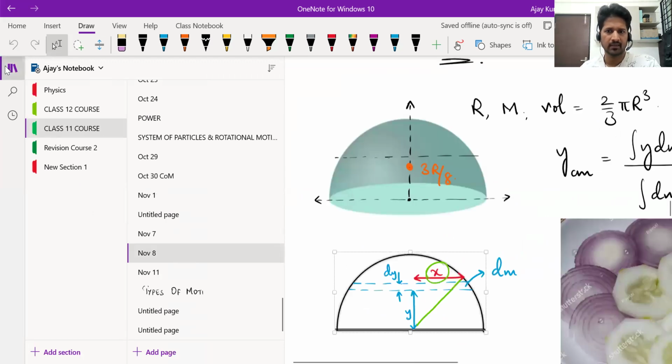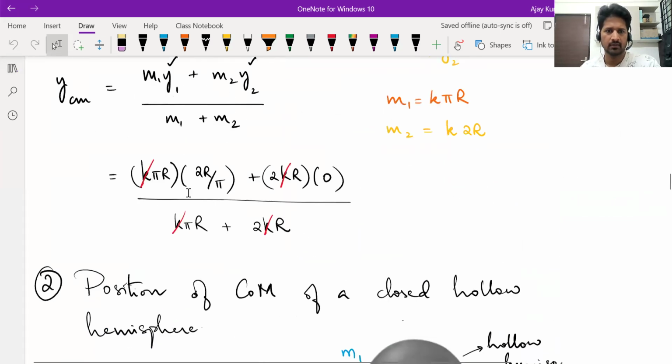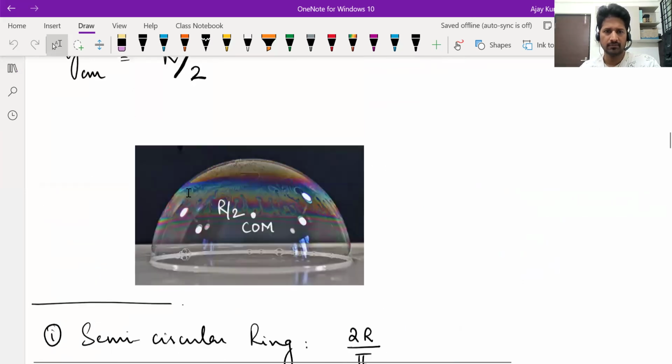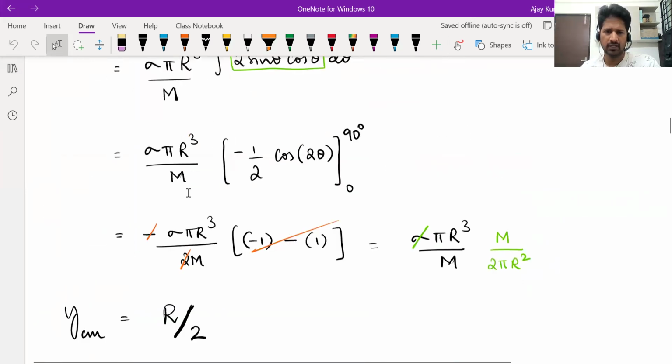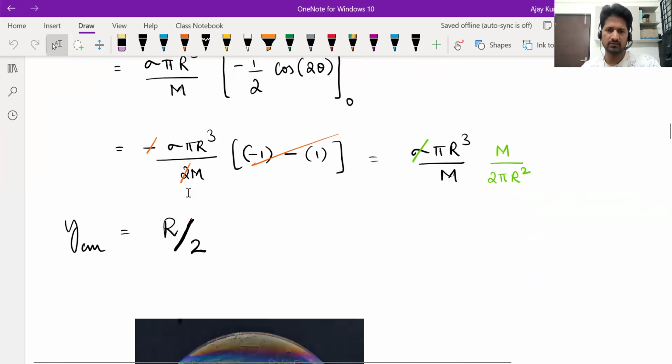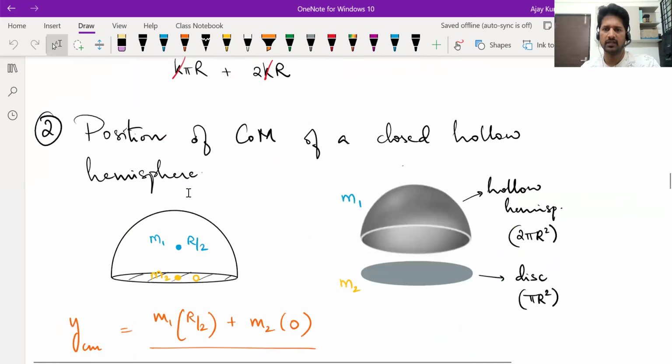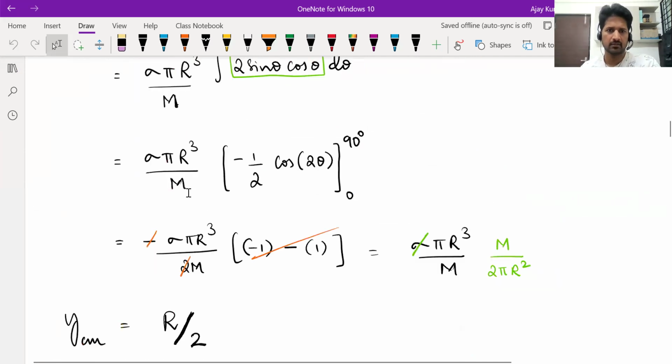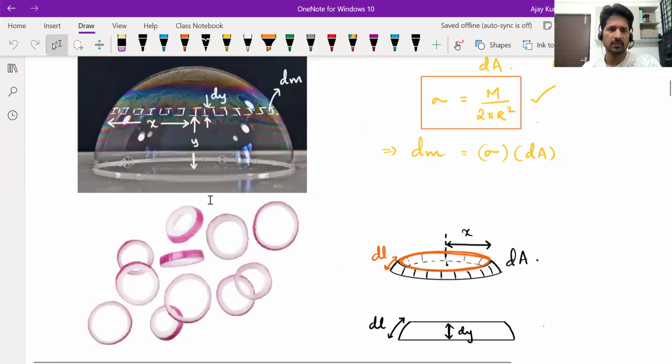We took half a bubble there. You can take it as a collection of rings, and those rings we visualized that time. They look like onion rings. So the same kind of element we can take now also.